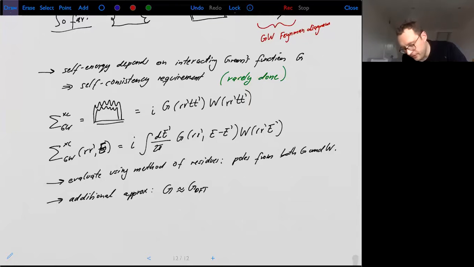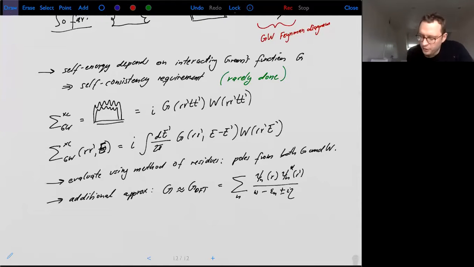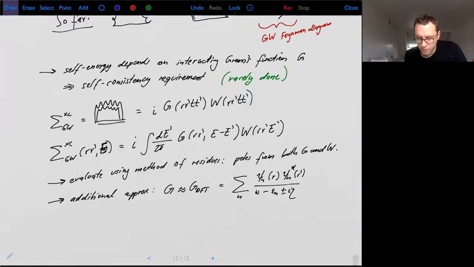And the DFT Green's function is, of course, given by this expression where we use our DFT Kohn-Sham orbitals and our DFT Kohn-Sham energies. And in this expression, of course, it's very obvious where the poles are of the Green's function.